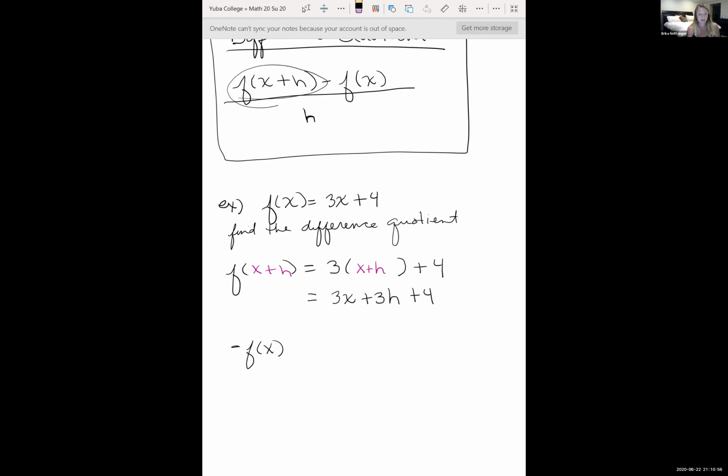Well, to get negative f of x, basically we'd have to multiply both sides of this equation, f of x, by -1. And so we have negative of the whole quantity, 3x plus 4. So let's distribute that negative sign. And so we get negative 3x minus 4.